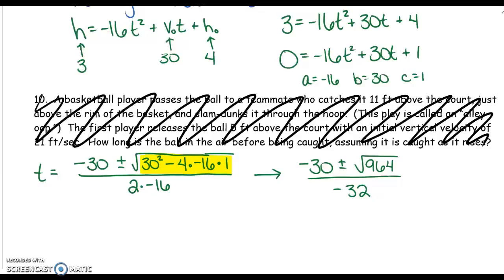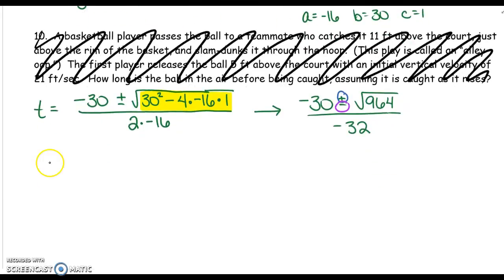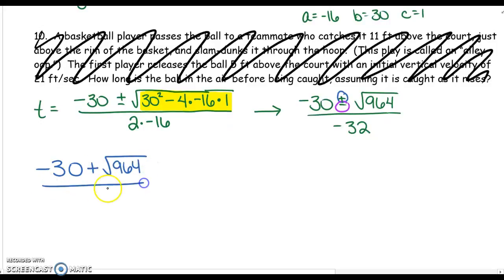Because of the plus minus symbol in the middle, we are going to do this problem twice to get 2 answers. We're going to plug this into the calculator once using the addition symbol, and then a second time using the subtraction symbol. So using the addition symbol, we're going to do negative 30 plus the square root of 964 divided by negative 32.